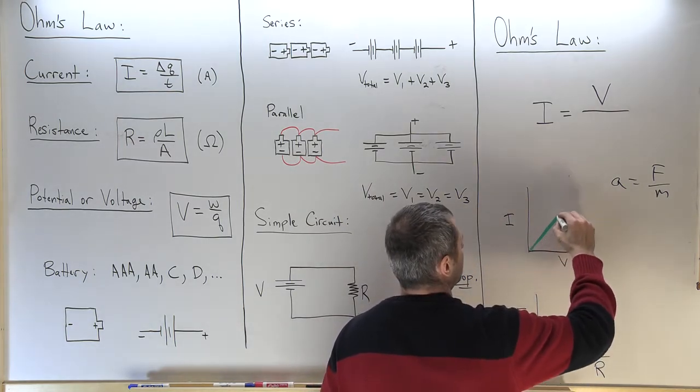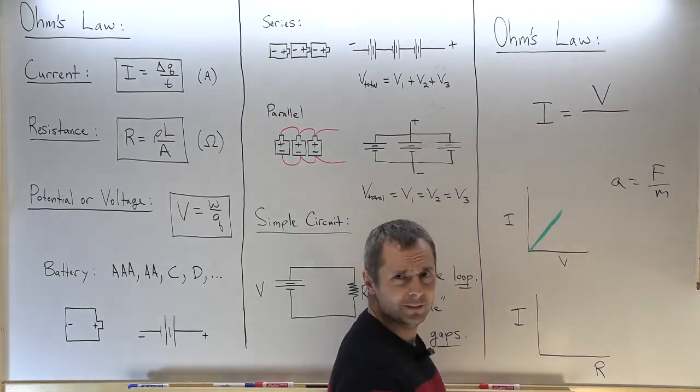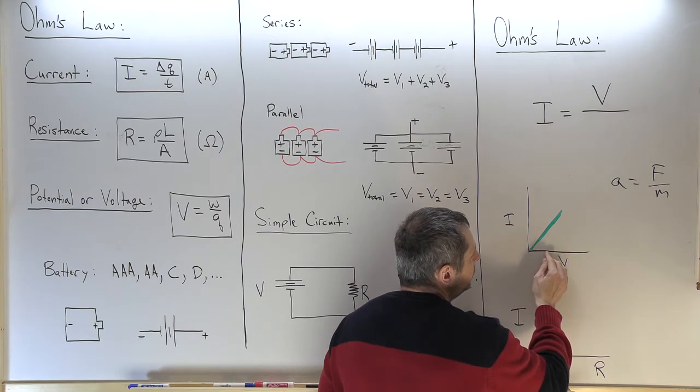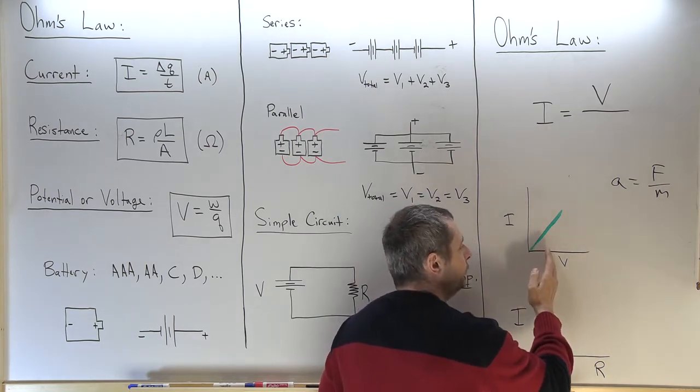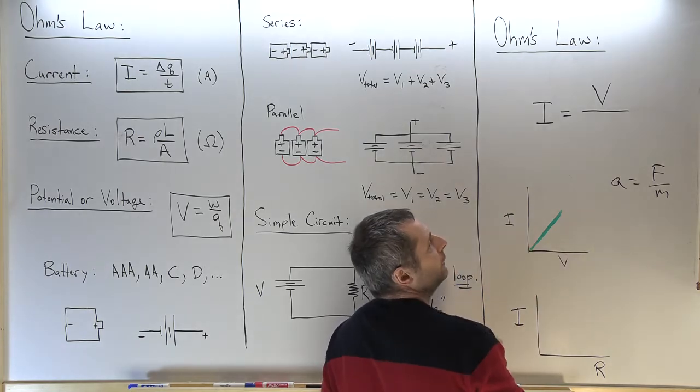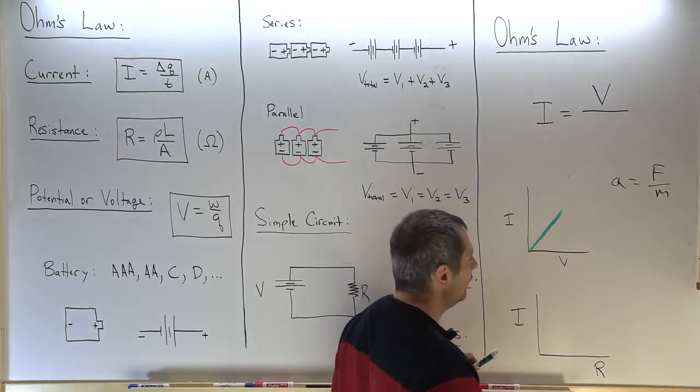Oops. Well, I try to do it straight. So what that means is if you double the voltage, you will double the current. If you triple the voltage, you'll triple the current. That's the graphical pattern of that relationship. There's the formula pattern.